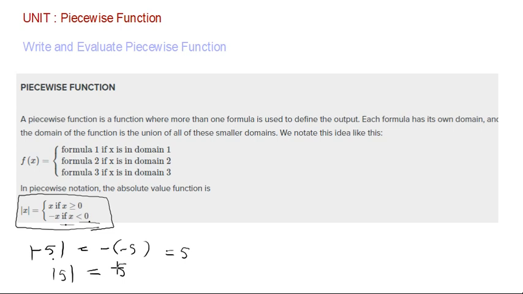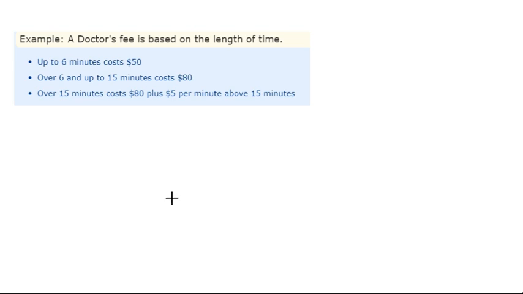So in this lesson we are going to write the piecewise function. I mean, if we are given a word problem, how to convert it into a piecewise function. Here, a doctor's fee is based on the length of time for the test. If the time with the doctor is up to 6 minutes, it will cost you $50.